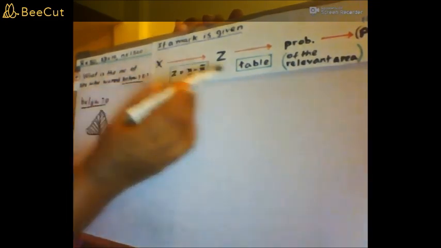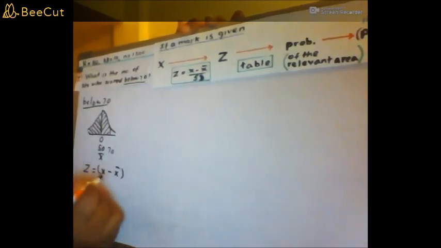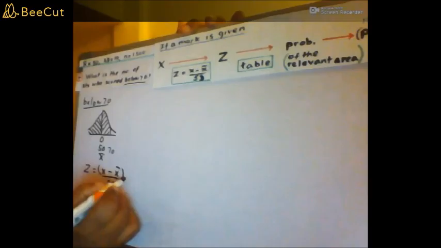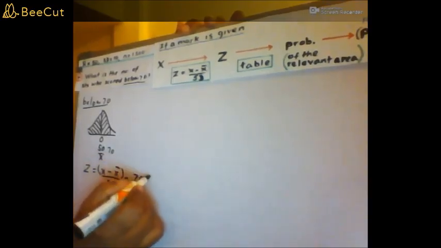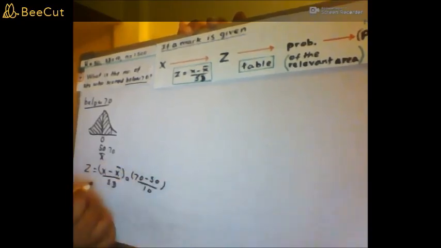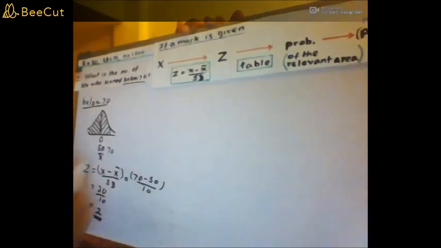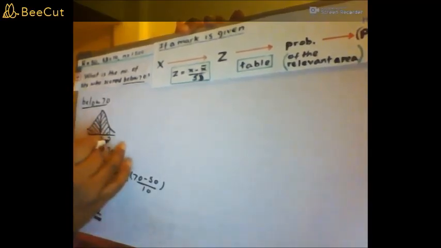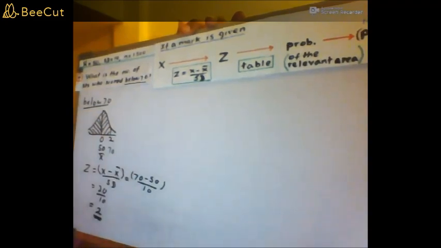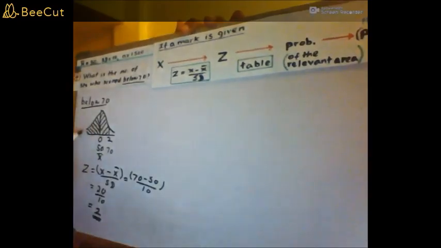Then what do you have to do? We have to find the Z value. X here is 70 minus 50 divided by 10, 20 divided by 10. So the Z is 2. It's a plus value because it's above.